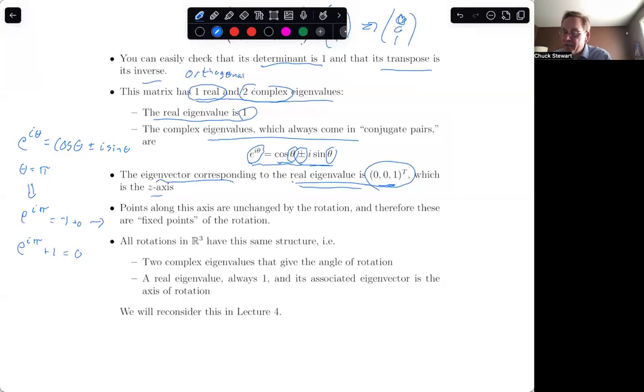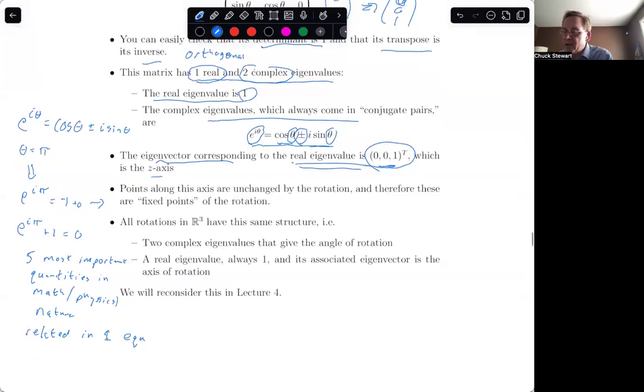And so you have the 5 most important quantities in math, or nature even, related in a single equation. It's called Euler's equation. Some people call it God's equation.